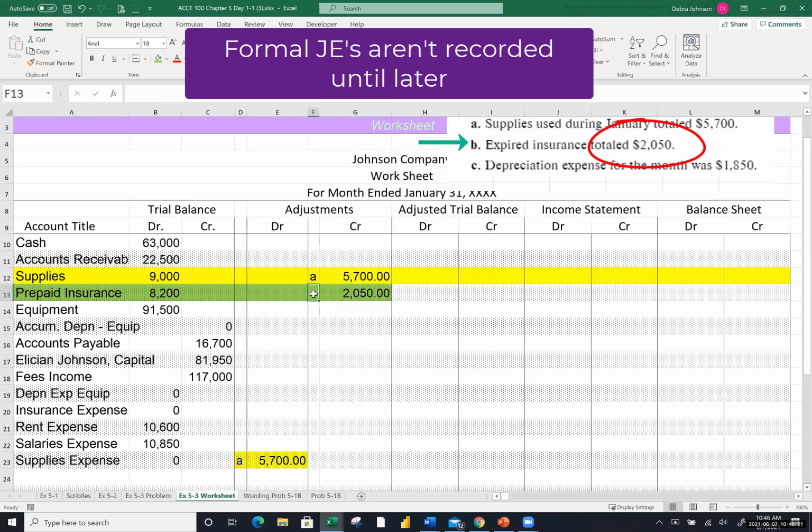So let me put my little letter B in the skinny column, and my balance that was used up in the bigger column. This is insurance that's been used up. So the appropriate expense category would be insurance expense. So there's my matching debit and credit. I'm using colors to help you see it.